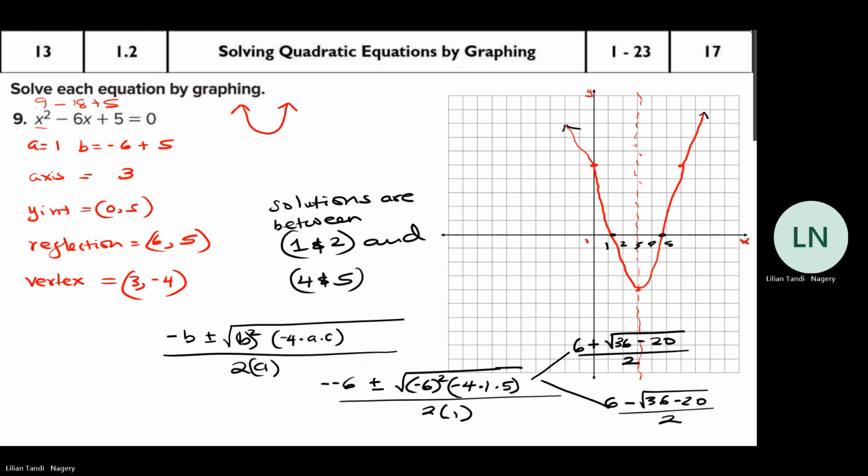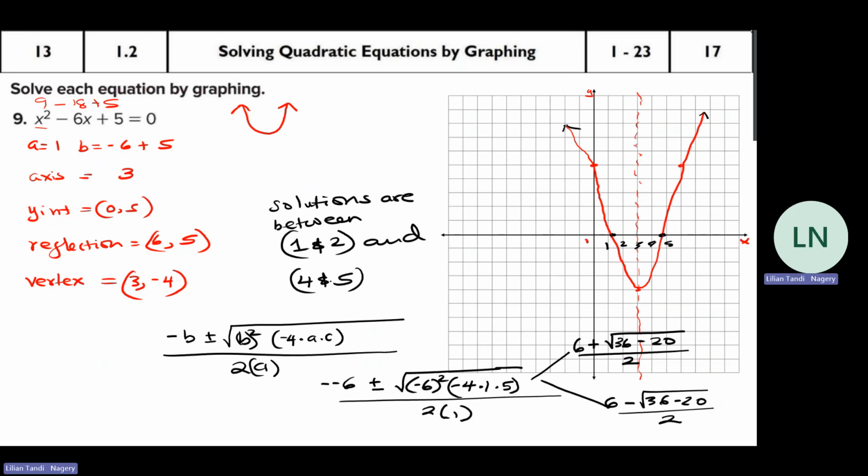So if I put this in the calculator, 6 plus square root of 36 minus 20, I should get 5. 36 minus 20 is 16, which is 4.